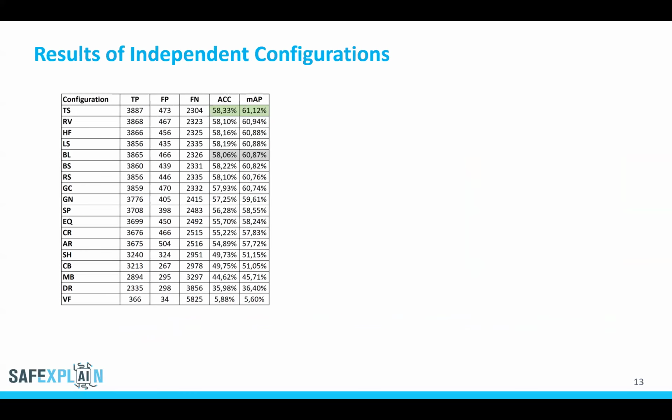So then let's start with the evaluation. And here, first of all, we see the results of the independent configurations. So basically, we only have one component, and we're applying the image transformation, right? So we have here in gray the baseline, this BL, which has an mAP of 60.87. And then we see some transformations that are interesting.